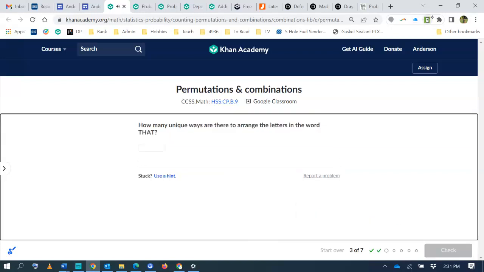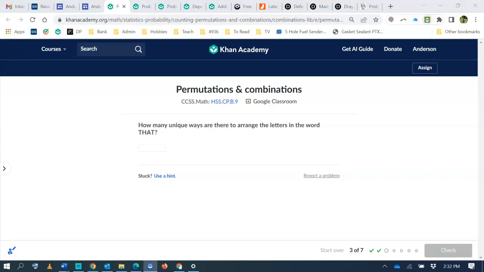How many unique ways are there to arrange the letters in the word that? Okay, so if all of these letters were different, let's say this T was an I instead, you would just take 4 factorial, 4 times 3 times 2 times 1. And that would give you the number of ways to rearrange it.